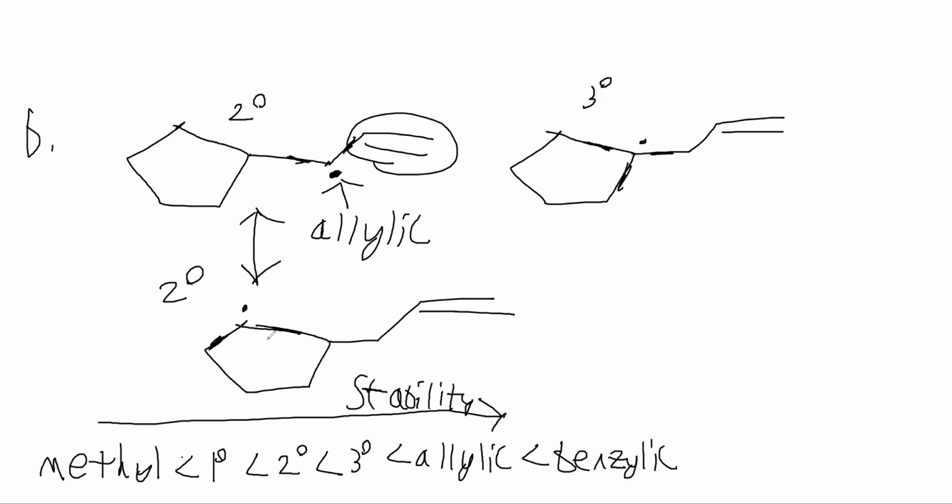A primary allylic radical is more stable than a tertiary radical that's not allylic, so this takes precedence. So this secondary allylic is the most stable, and then now we're looking at substitution only, so tertiary is more stable than the secondary. So it's 1, 2, 3 for the stability of these.